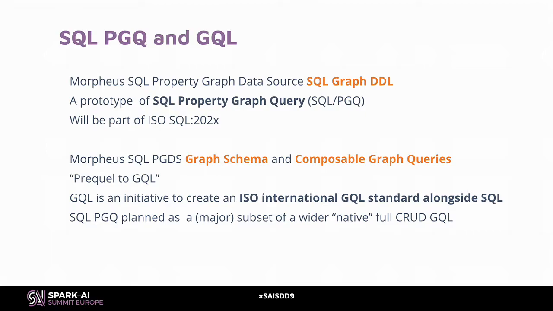And we can see elements that I think will go into these efforts emerging or being implemented within the Cypher for Apache Spark Morpheus context. So the SQL graph DDL is a kind of prototype or draft of things that are being discussed in the context of the SQL property graph query world.